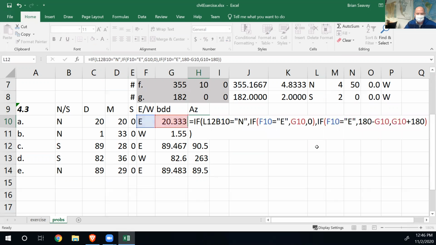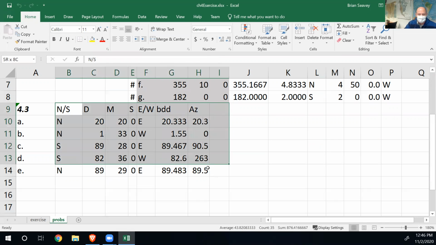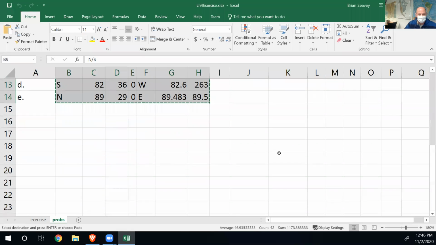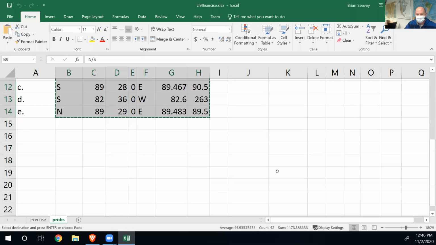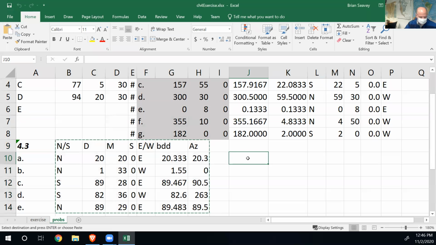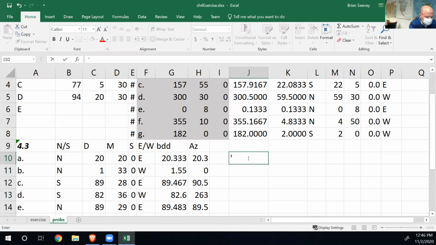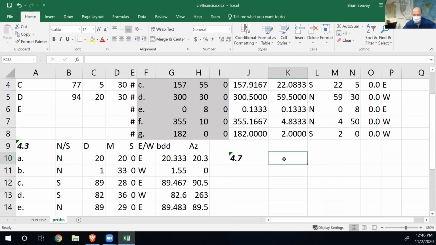So I'm going to go ahead and copy this, and we're going to go to 4.7. So how about we put 4.7 right here. We'll make it bold and italicized, and we'll paste.